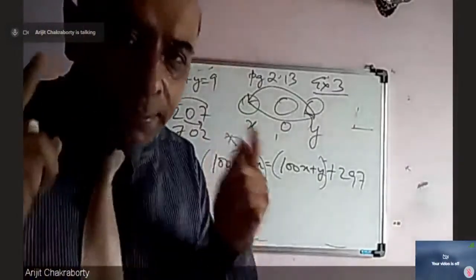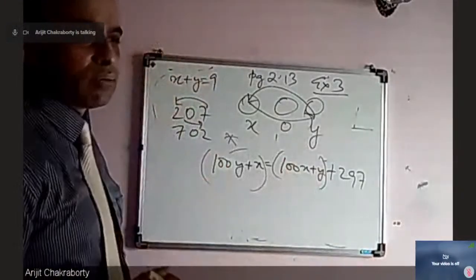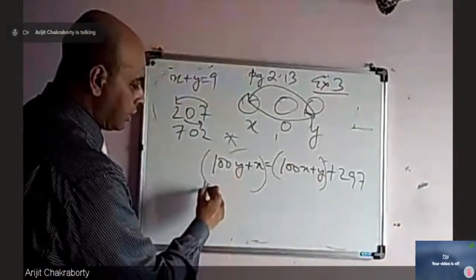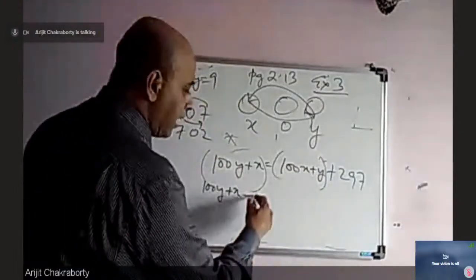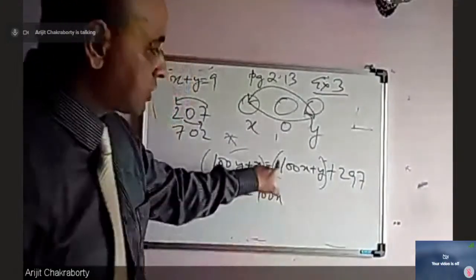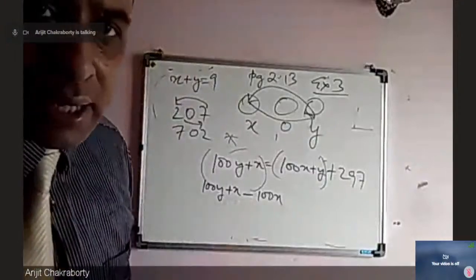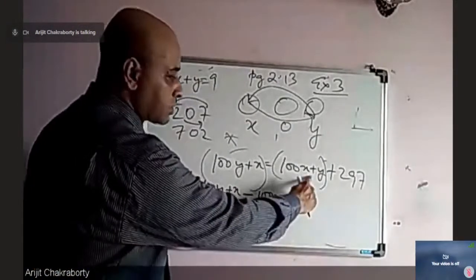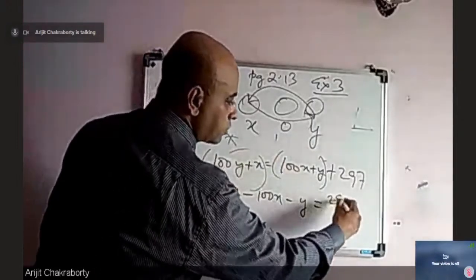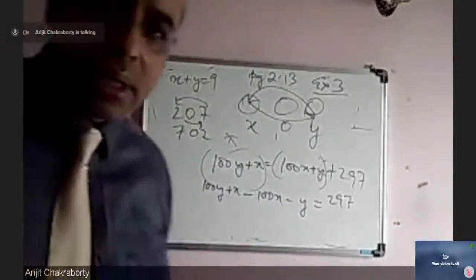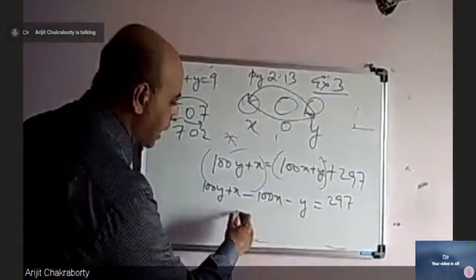Now, let us simplify this equation. So, on the left hand side, what do we have? 100y plus x. We transpose it, minus 100x. This 100x now comes to the left hand side. It assumes a negative sign, minus 100x. Plus y comes to this side, becomes minus y. This is equal to 297. I hope you are clear with this step. 100y minus y is 99y.